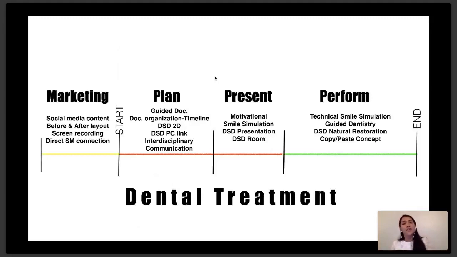Then you transfer it to your patient with a mock-up, and then the patient accepts again. So there are various points of check and balances with you and your patients to make sure that both of you are well communicated and understand what's going to happen every step of the way.